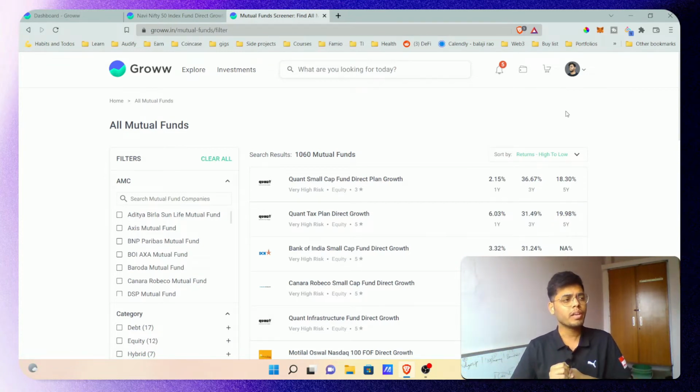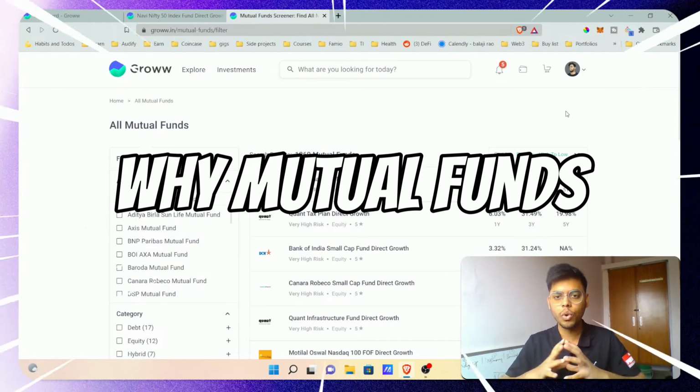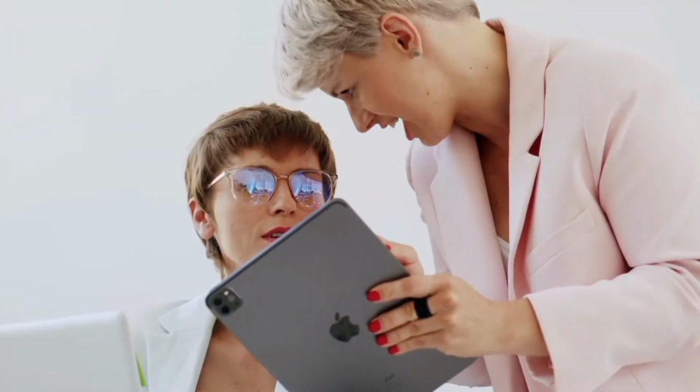Why this is very important for first-time investors is that you don't need to think a lot about which stock to pick and stuff like that. Mostly all of the mutual fund managers are very professional folks who have been doing it for a very long time.